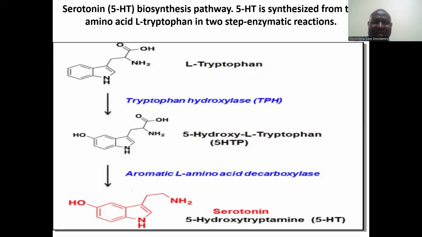We can further elucidate the serotonin biosynthesis pathway from the amino acid tryptophan, which, as I explained earlier, happens in two enzymatic reactions.